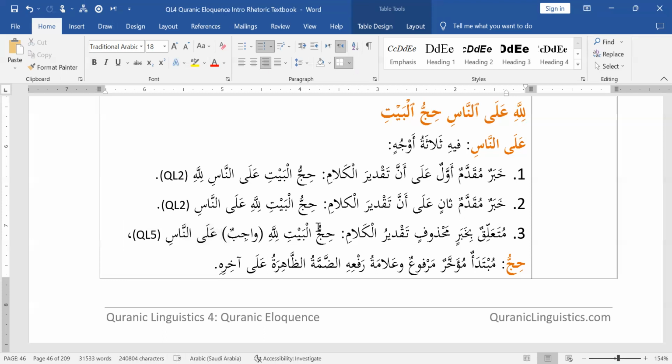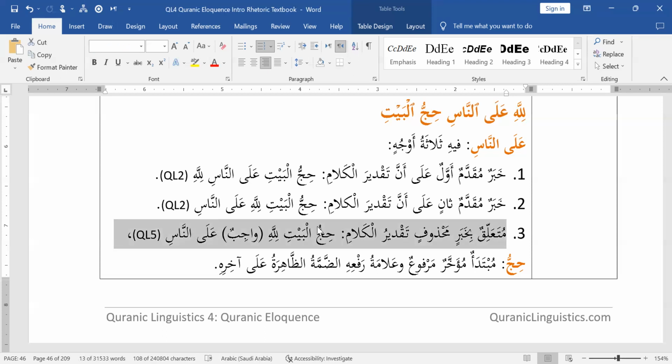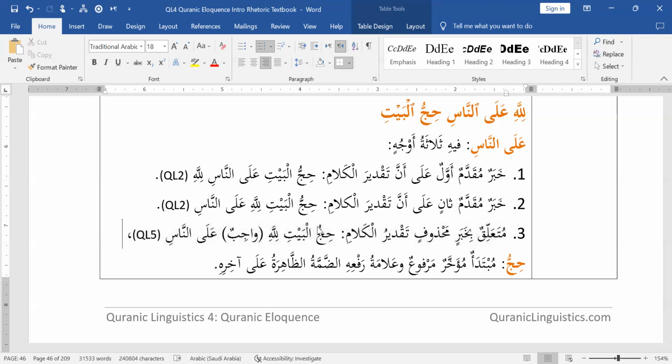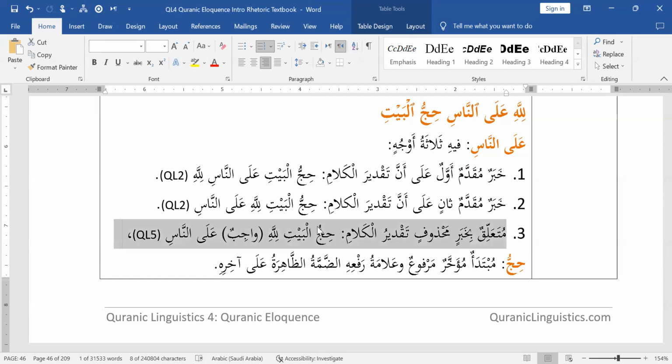So according to this grammatically valid interpretation, the shibul jumla ala nas is not the khabar. It's actually linguistically connected, or semantically linked, to a khabar mahdhuf, which is wajibun. And I usually put the mahdhuf in parenthesis in my textbooks. So there's a hidden khabar here, according to this advanced understanding of shibul jumla ala nas.